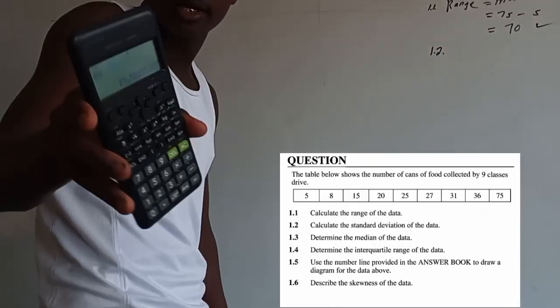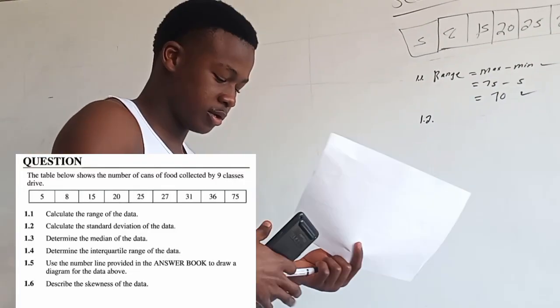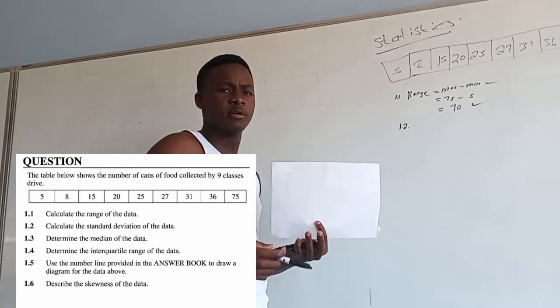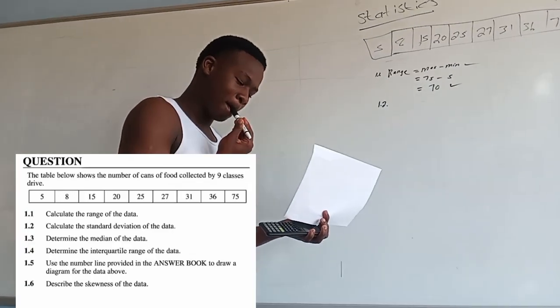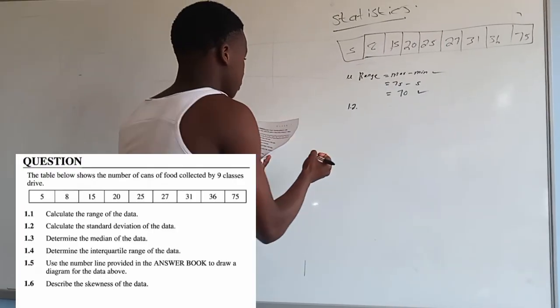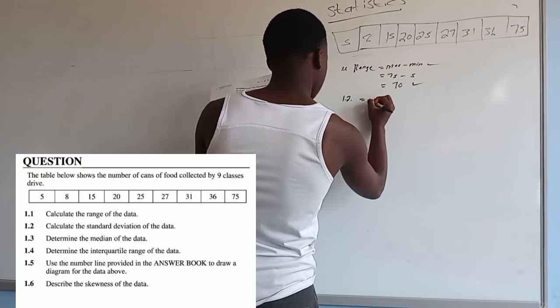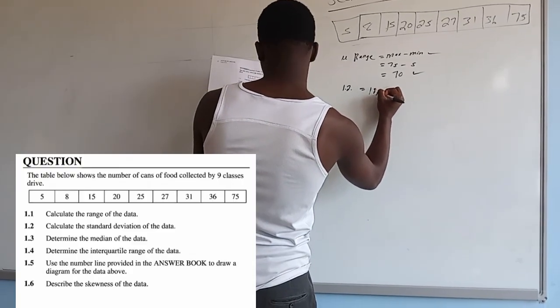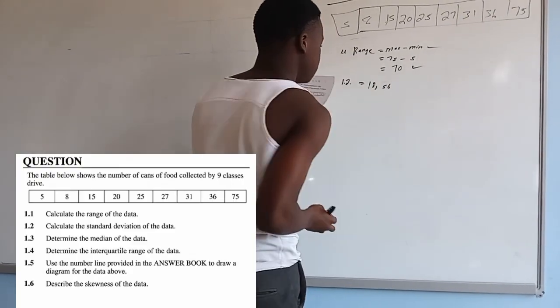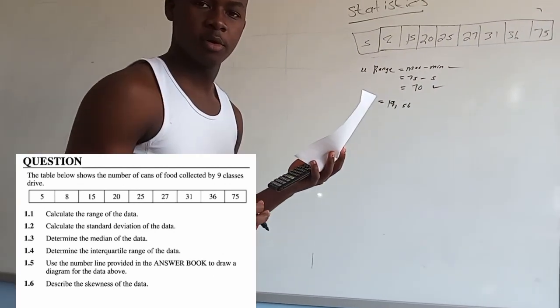And then we'll take this answer and round it off to 2 decimal places. You will say 1.2 equals 19.56, because we took it to 2 decimal places.